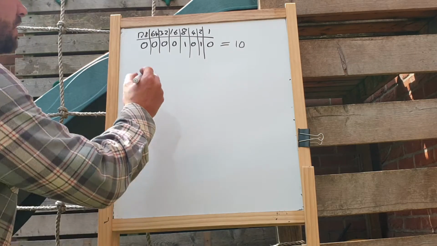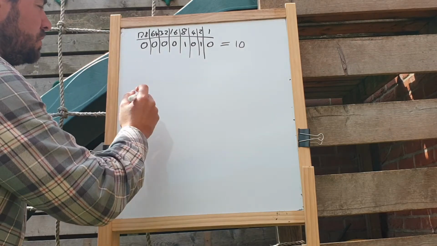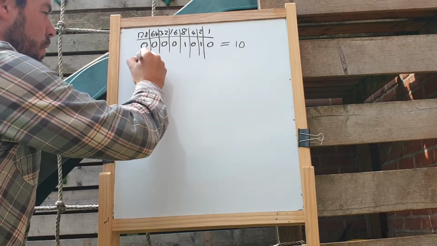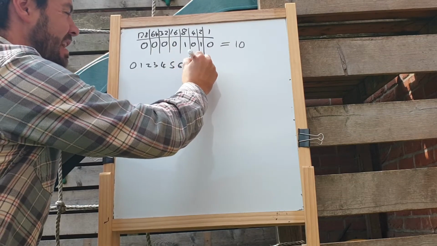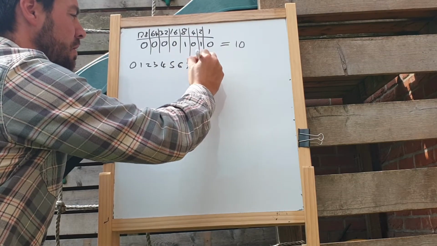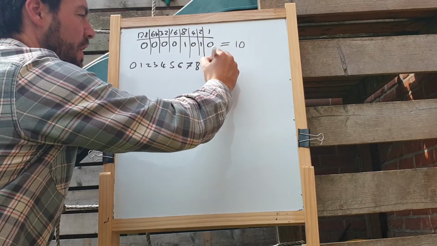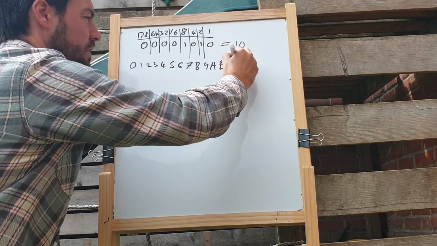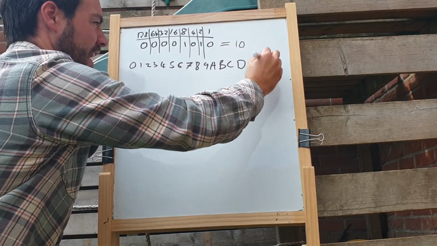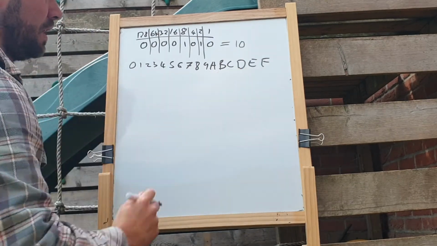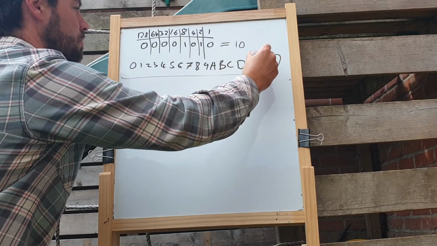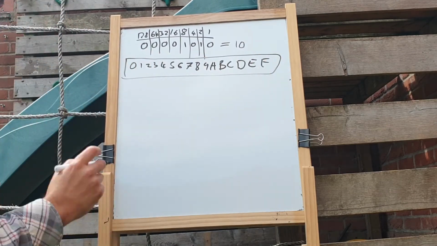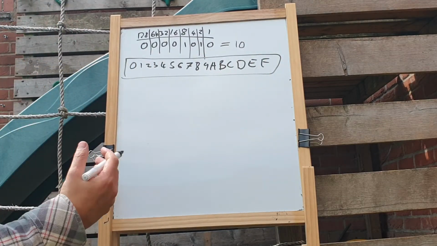Hexadecimal has 0, 1, 2, 3, 4, 5, 6, 7, 8, 9. We don't have 10, we have A, B, C, D, E, and F. F being the number 15, but it's our 16th number, so that gives us 16 possible numbers we can use in hexadecimal. How does that affect our binary number?